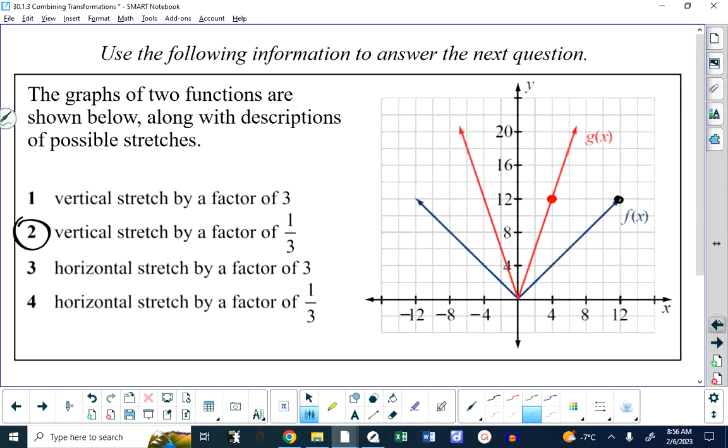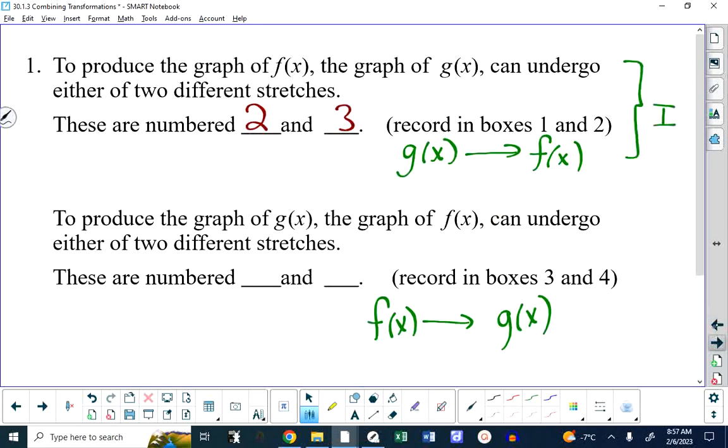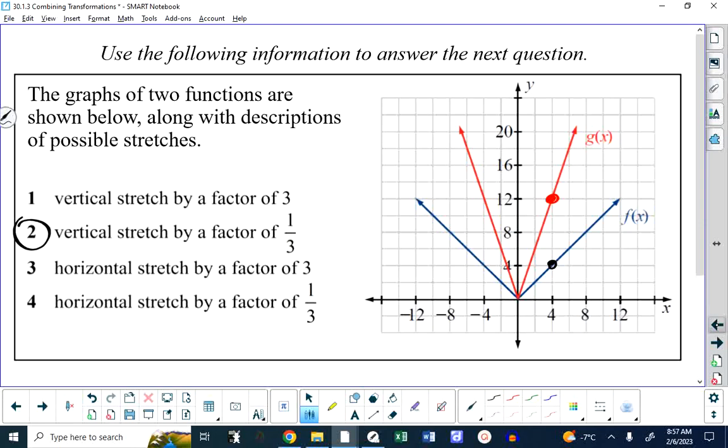But if I talk about vertical first, how do I take f of x and turn it into g of x? Well, I want to achieve this, and I'm starting off with this. I need to take that start point, which is the black point, and stretch it vertically, this time by a factor of 3. And that is number 1 in our key.